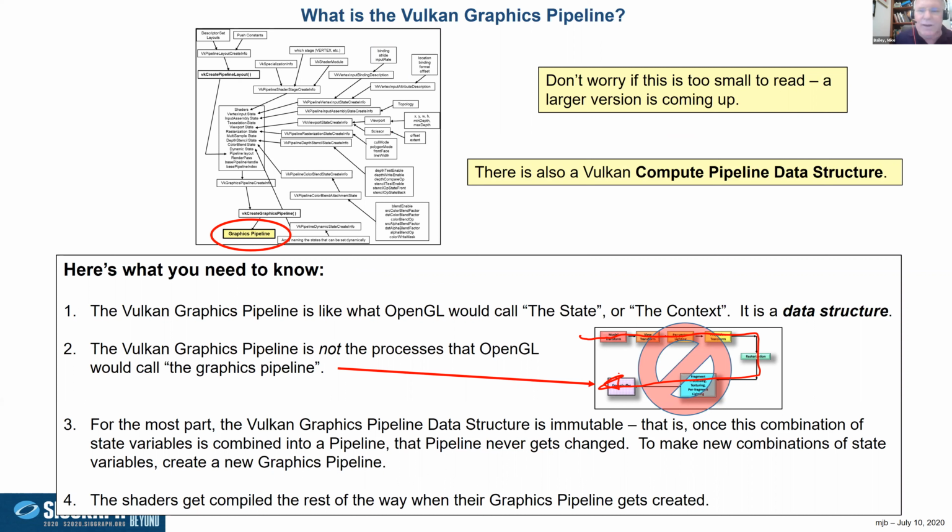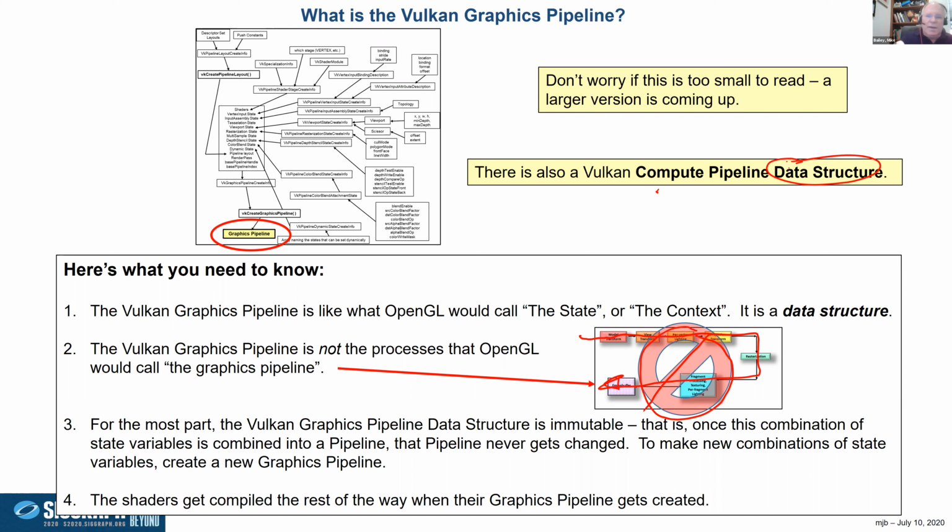That's what pipeline has meant for years. That's not what is meant here. Graphics pipeline, and I've changed it to graphics pipeline data structure, is the context or the state. That is, it's the whole set of characteristics that are needed to draw the very next thing.